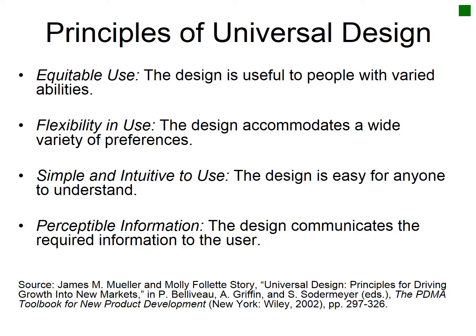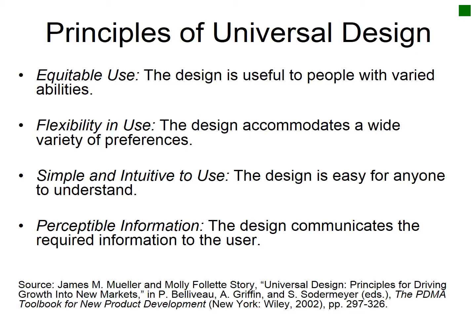All right, perceptible information. This goes into the intuitive use category. Perceptible information is information that is generated from the product and determined by the customer. It's not explicitly stated information, but information that is perceived. From an intuitive sense, the design communicates information to the user that they need to have, in an unobtrusive format.